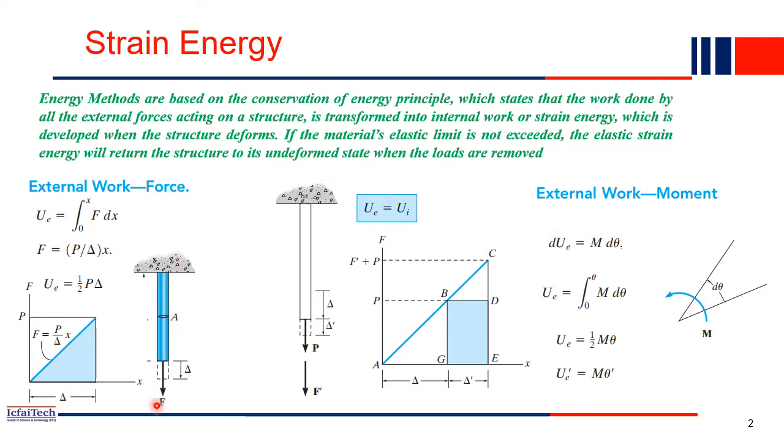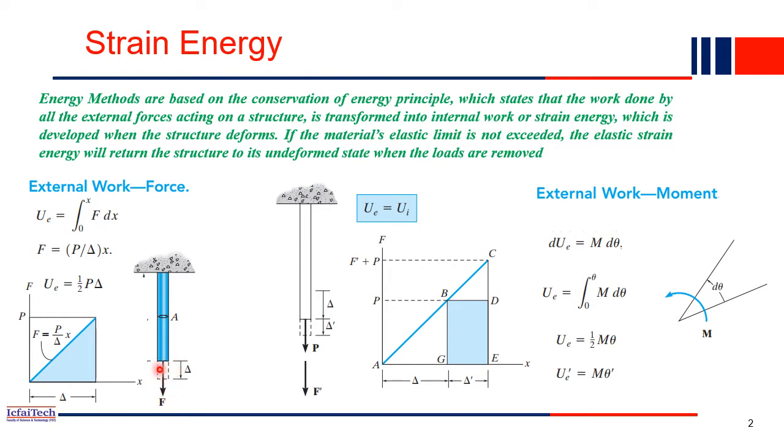So after you apply the load F, the deformation delta happened, right? So because of the load, external work is done. So that external work is actually stored inside the material in terms of strain energy. So now if you remove the force F after the deflection happened, then what will happen?